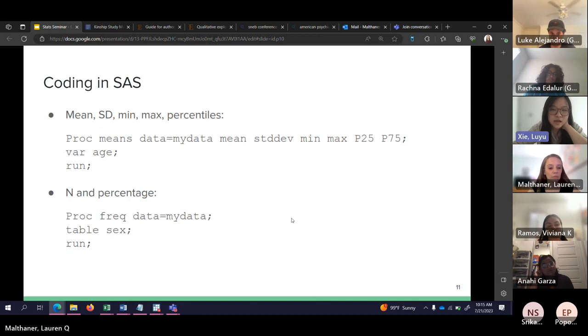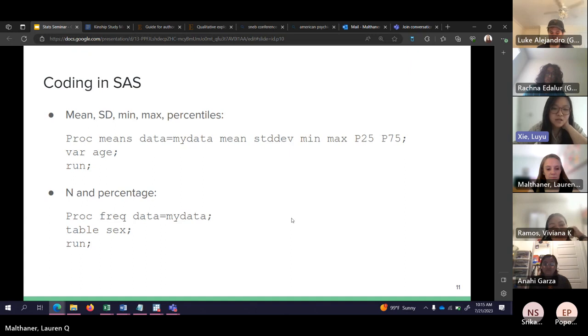Okay, so in SAS, we do it a little bit differently. For mean, we do proc means and data equal to my data. You have to specify your data file name and then put mean, standard deviation STDDEV, min, max, P25, P75, which stand for the 25th percentile and 75th percentile.